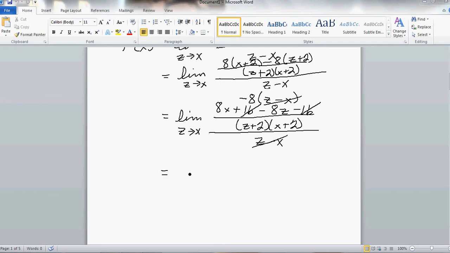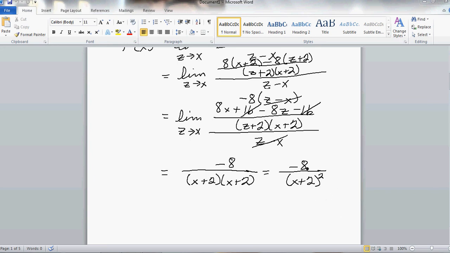So now we can actually do the substitution. z is coming closer to x, so we get x plus 2 times x plus 2, all under negative 8. And so this becomes negative 8 over the quantity x plus 2, the quantity squared. And so this is the derivative of 8 over x plus 2.